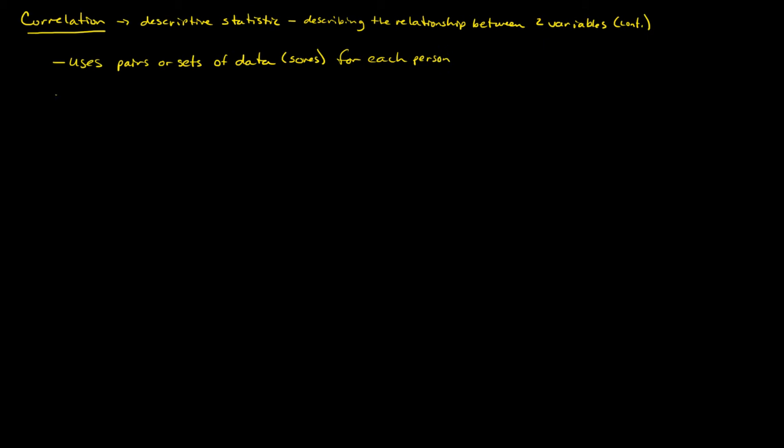So going back to that scatter plot example from the other video, if you had person A, and you had a value for their sit-ups, and a value for their push-ups, then what you have now is a set of paired data. You have a push-up value and a sit-up value for person A. And that's what you have to have.